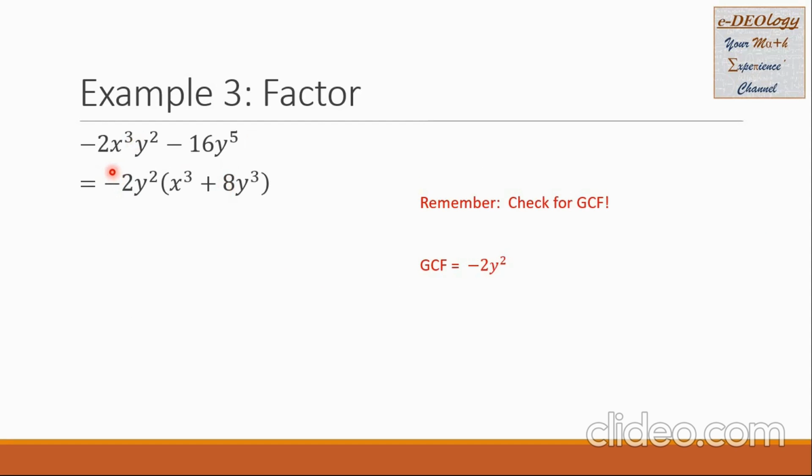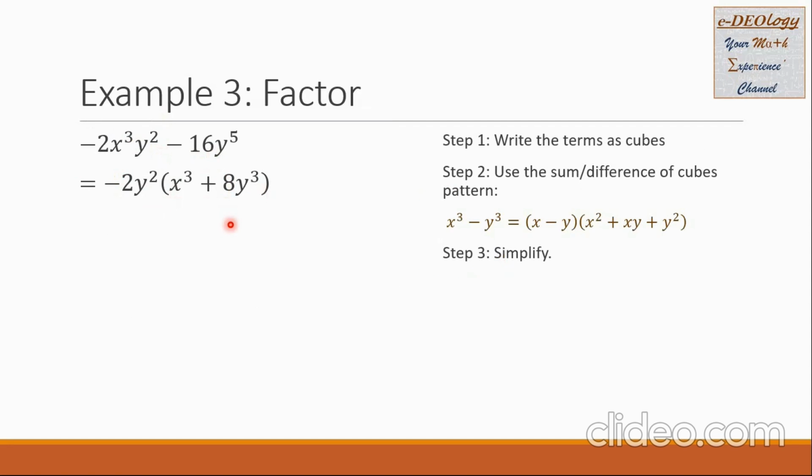I observe that the GCF is the negative 2y squared. So when I factor out the GCF, the first term becomes x cubed. The second term becomes positive 8y cubed. And from here, we can now apply our steps in factoring sum of two cubes.